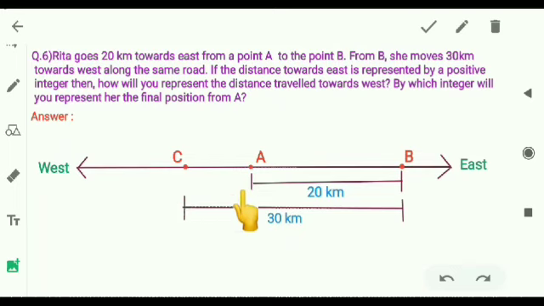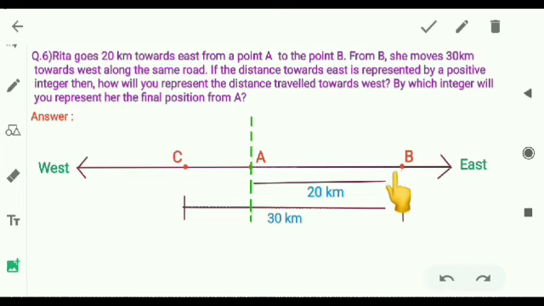Now we know that A is the center of this real line. In a real line, the right hand side of the center is always positive and the left hand side of the center is always negative. Here it is also given that distance towards the east is represented by a positive integer.